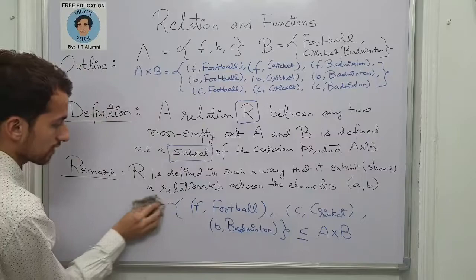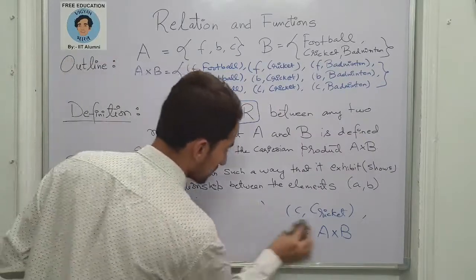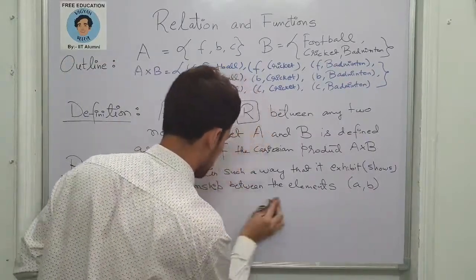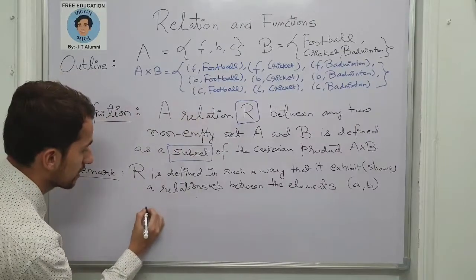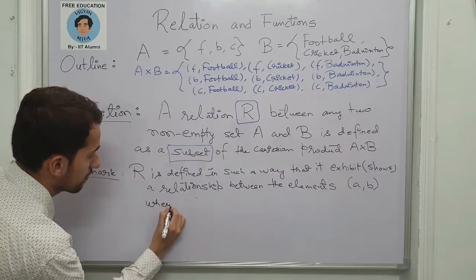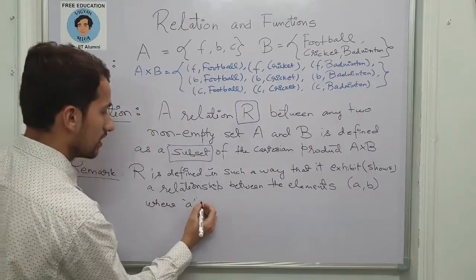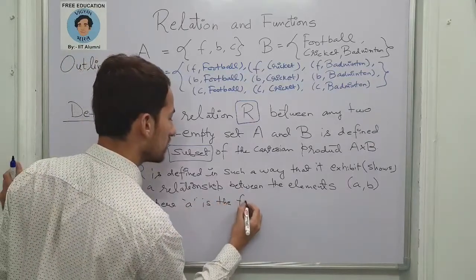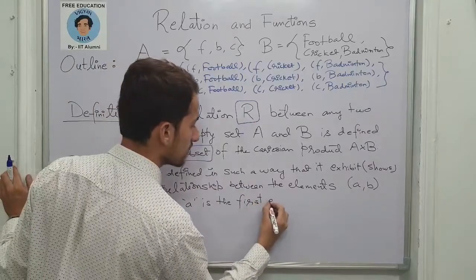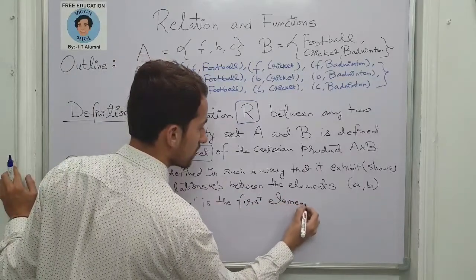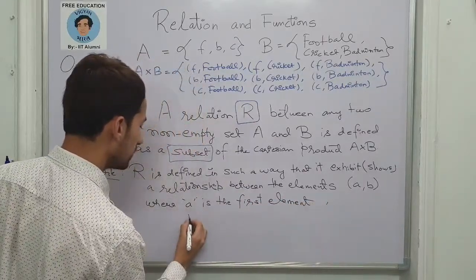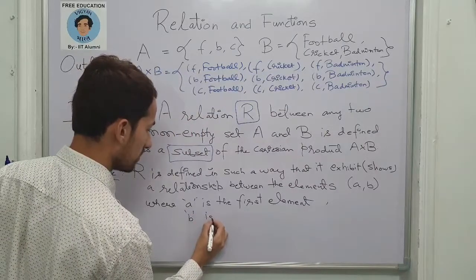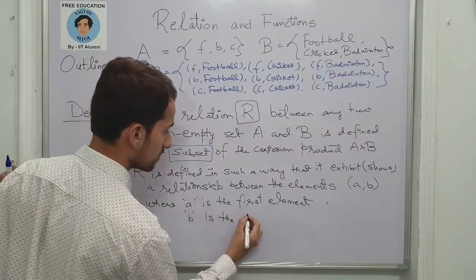of AB, where this A is the first element, this B is the second element.